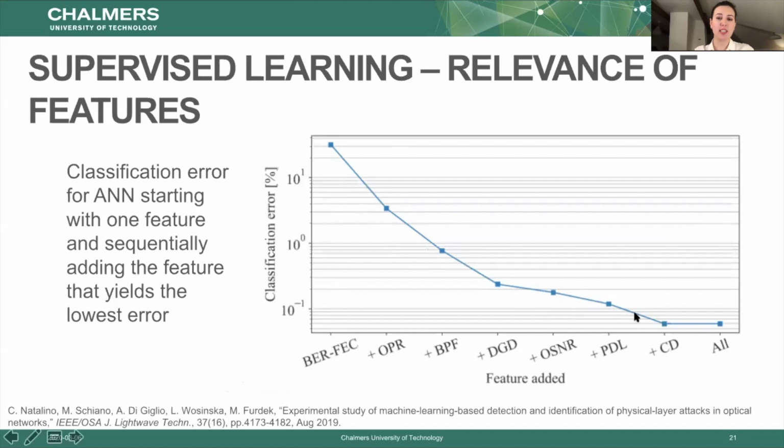So what we can see here is that after adding 7 features, we have the same classification error performance as for the full data set. And this means that the complexity of the training phase could potentially be reduced, and this would allow more scalable adaptation to new attack types.